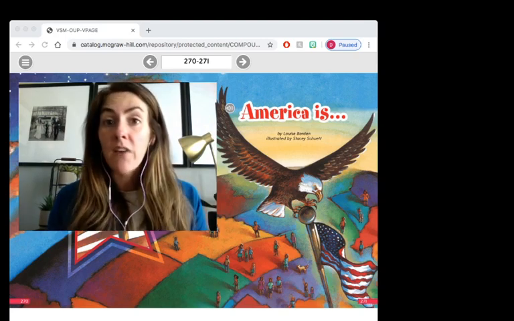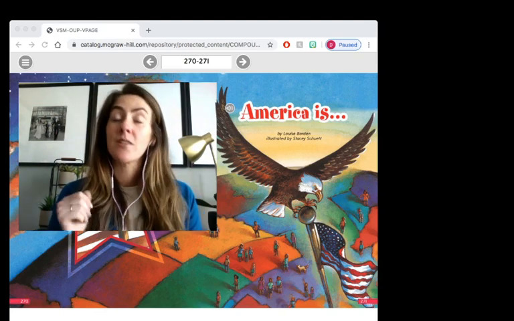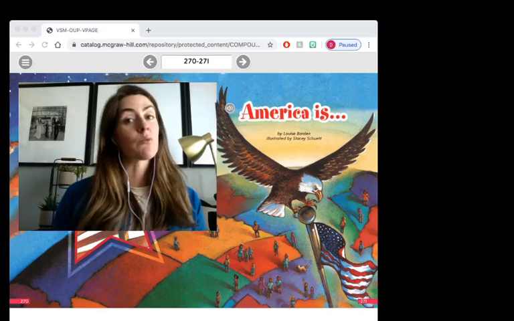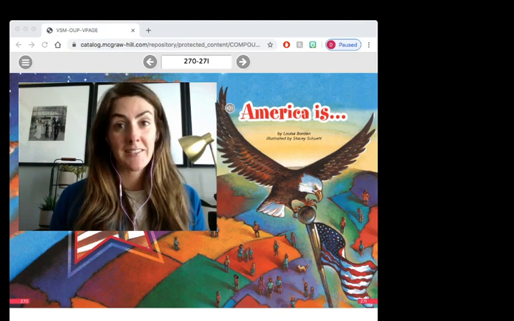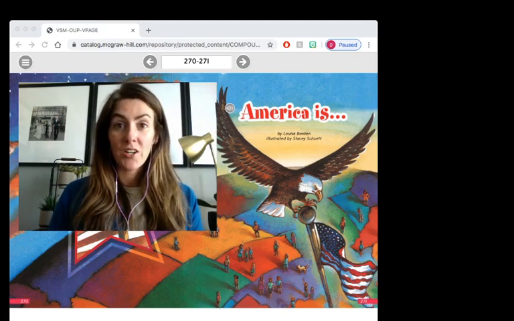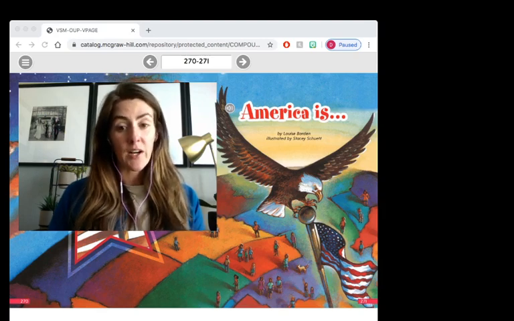So you can clarify by doing three things. If you read something and you don't understand, you can stop, and you say, 1, reread the sentence, right? 2, look at the picture. And 3, if you're still not understanding what you just read, ask for help.